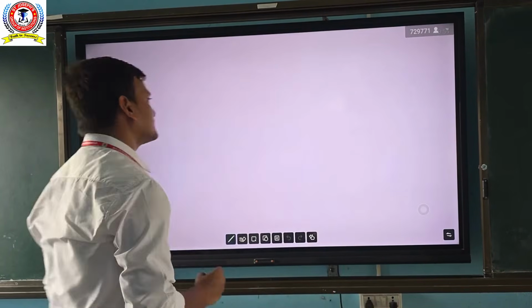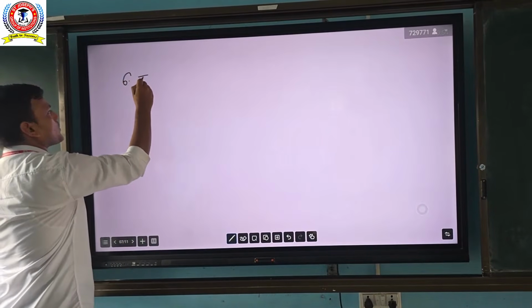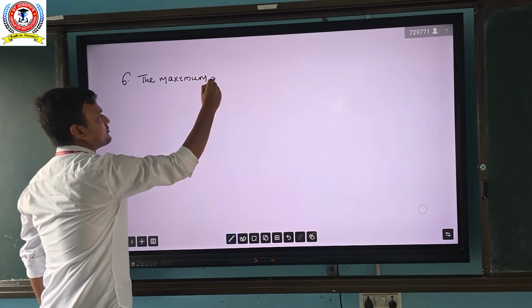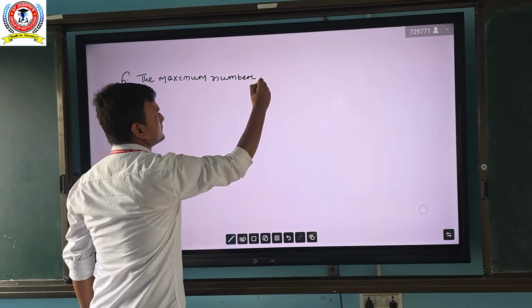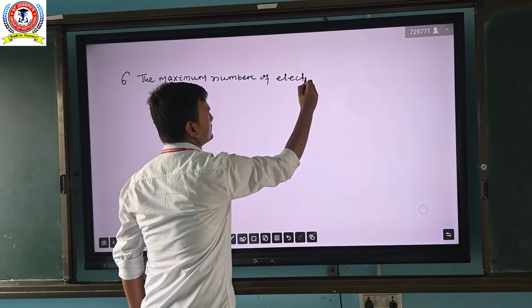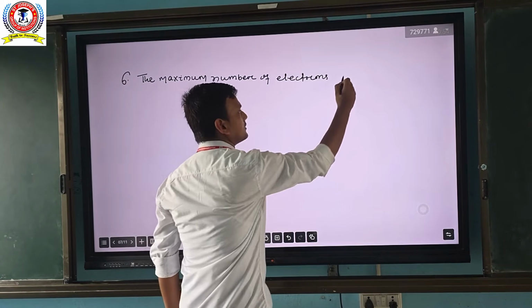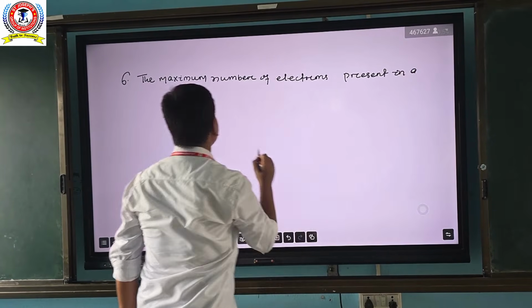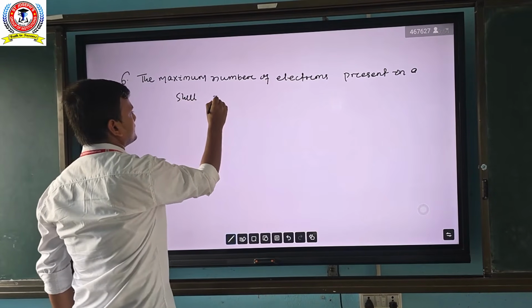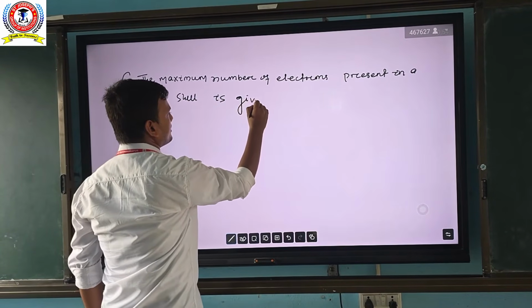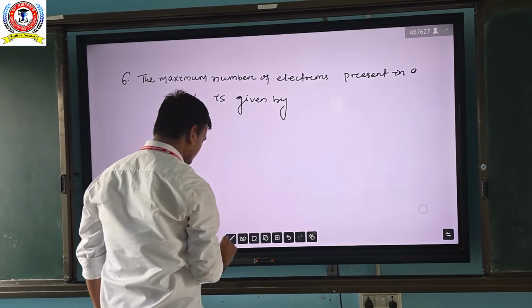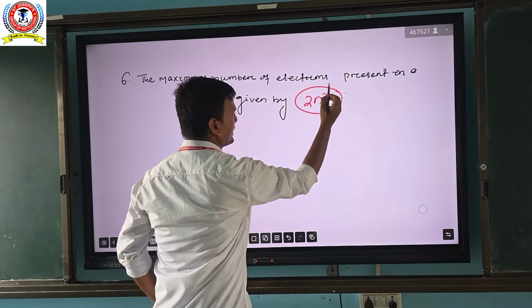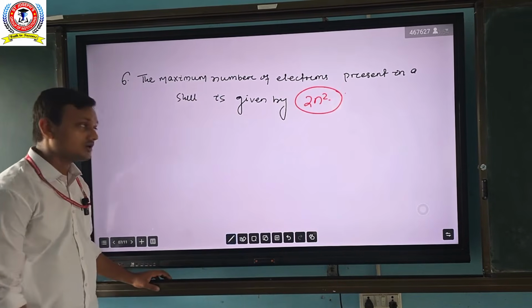And the last point is the maximum number of electrons. The maximum number of electrons present in a shell is given by 2n square.